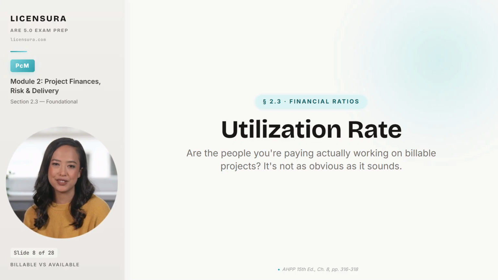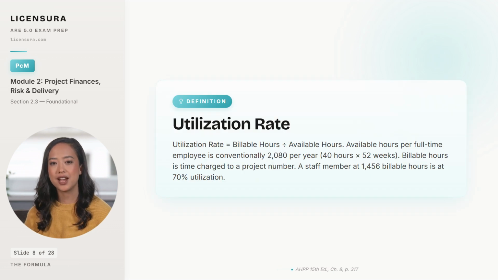Start with the formula and the math at the individual level. Utilization rate equals billable hours divided by available hours. Available hours per full-time employee is conventionally 2,080 per year, which is 40 hours times 52 weeks. Billable hours is time charged to a project number, regardless of whether the client has been invoiced yet.